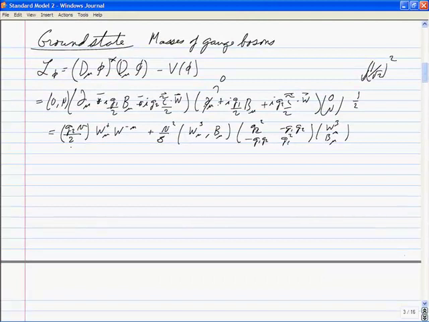The mass matrix here has a 0 eigenvalue. You can see that because the determinant of it is 0.